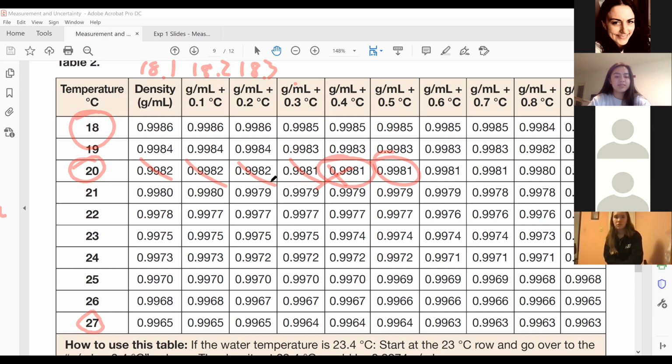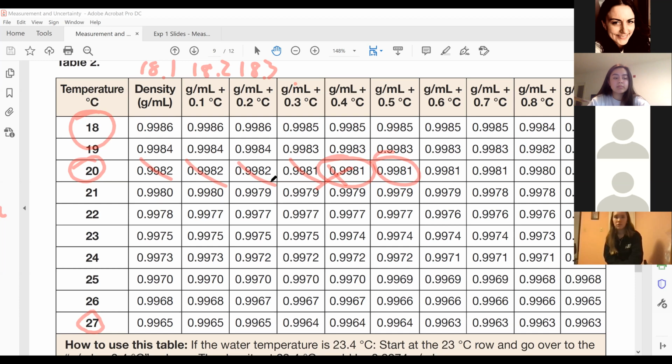Right, so 0.9981. So then we use that to convert the mass of the water in our container to a unit of volume. And that way we can figure out what our error is. Okay, so any questions before we get started?